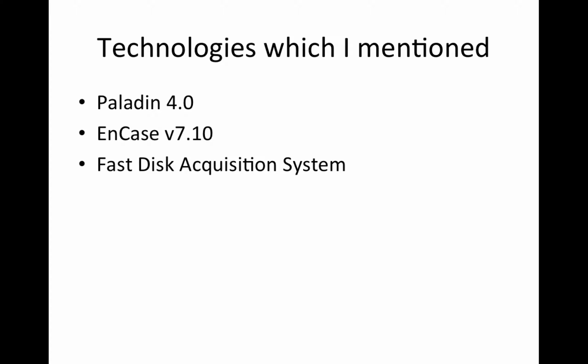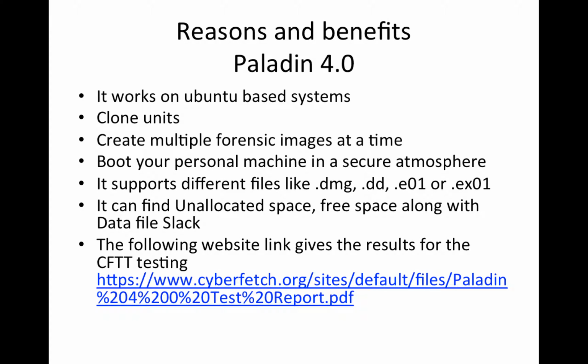Next, I am going to explain these three technologies: Paladin, NCase version 7.10, and the fast disk acquisition system. These are all useful for investigators to find digital evidence in a huge amount of data. Coming to the reasons and benefits of Paladin 4.0, it works on Ubuntu based systems.